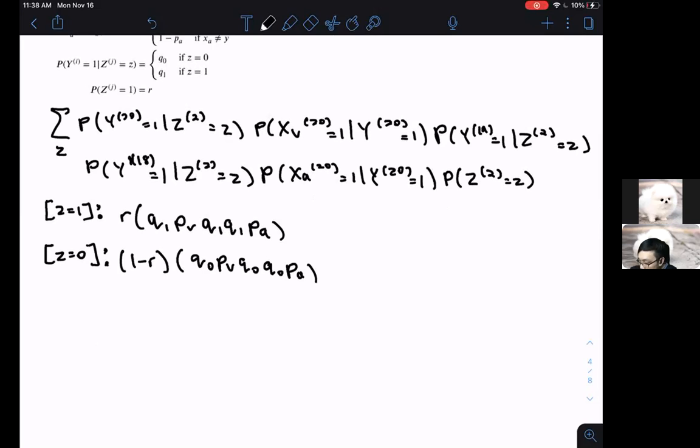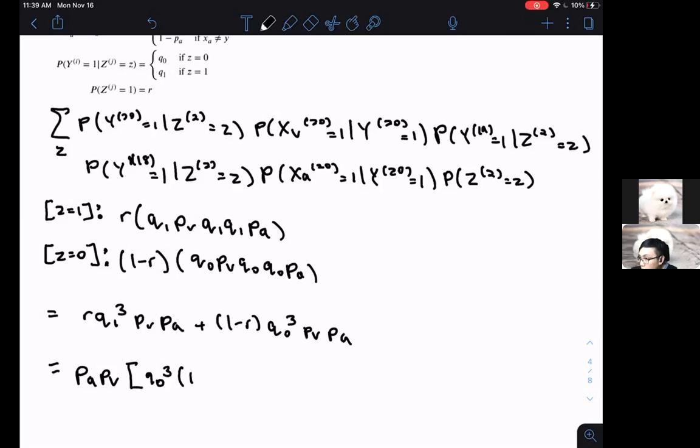So this becomes r times q1 cubed times pv pa, plus 1 minus r times q0 cubed times pv pa. Factoring out pa pv, I get pa pv times q0 cubed times 1 minus r, plus q1 cubed times r. And that would be our answer.